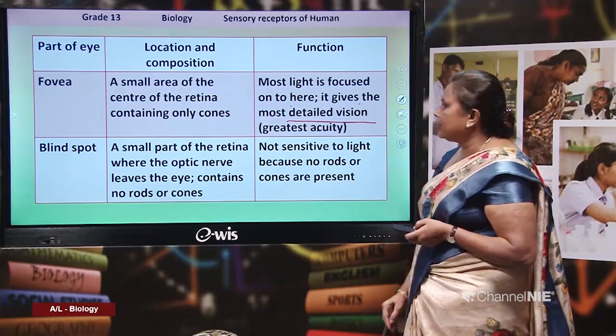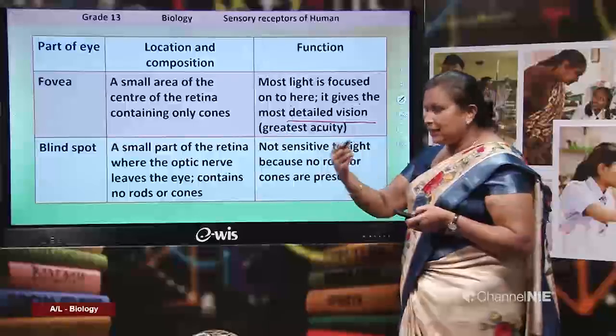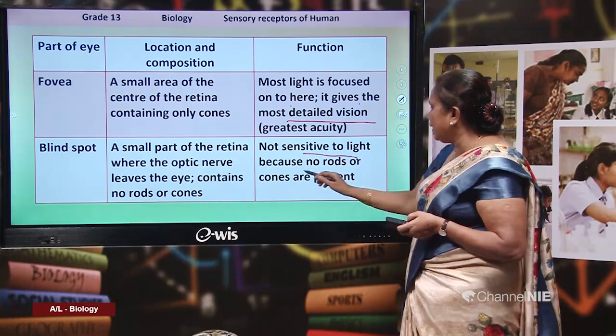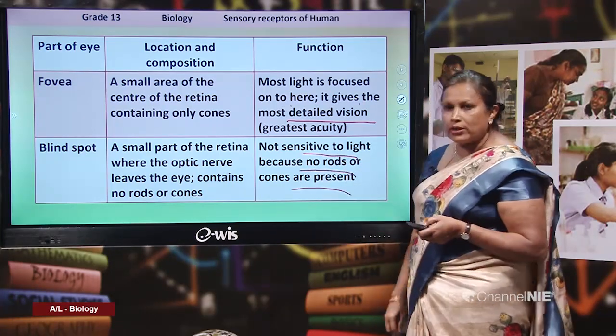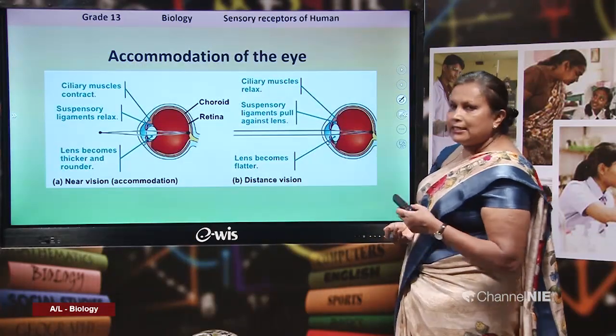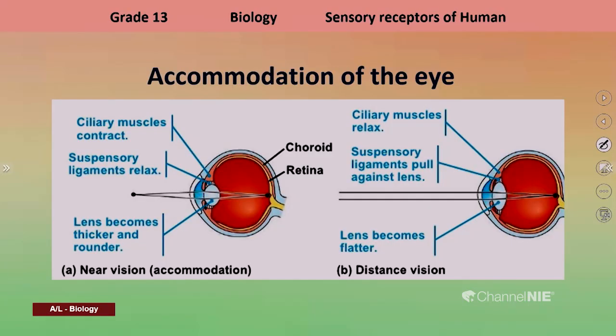Blind spot is the part which does not contain any sensory receptor cells, which provides the area for the optic nerve to move back. So it is not sensitive to light, with no rods or cones. So that is how you need to remember the structure and function of the eye.